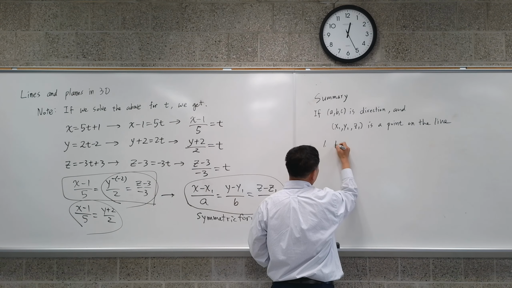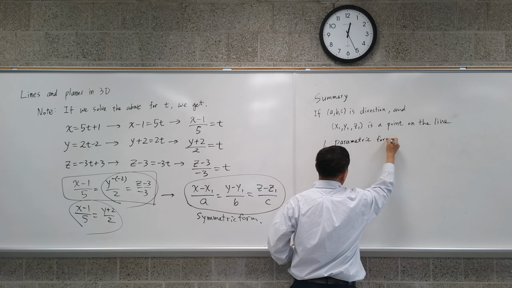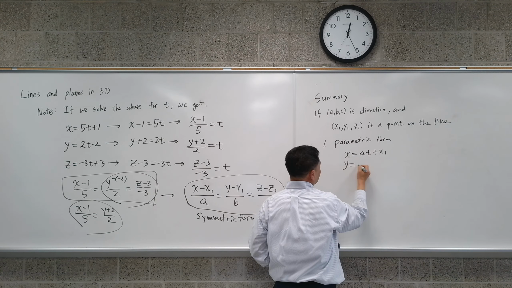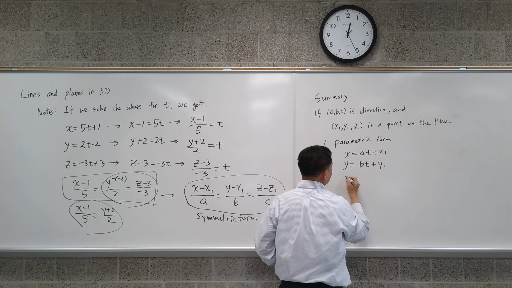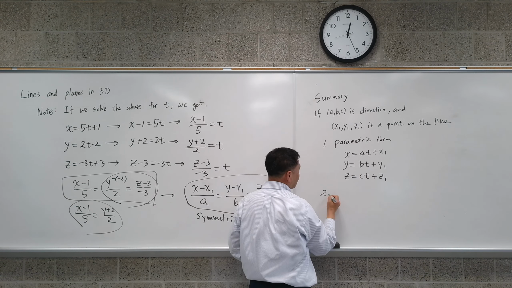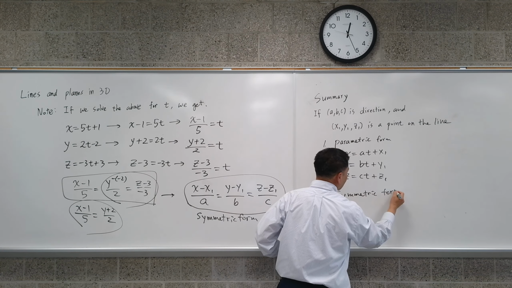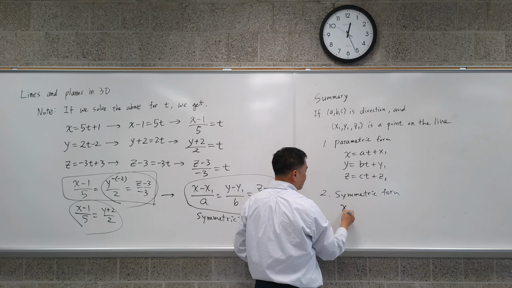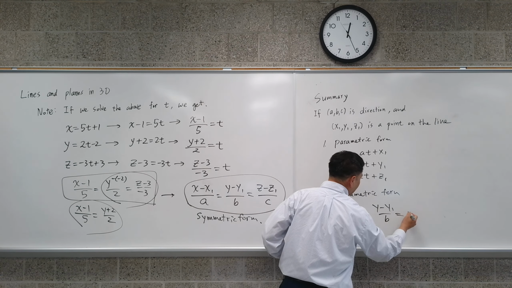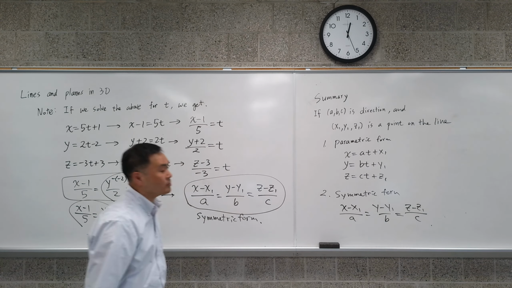Number one, there's the parametric form, which is x equals at plus x1, y equals bt plus y1, z equals ct plus z1. And secondly, there's a symmetric form, which is (x minus x1) over a equals (y minus y1) over b equals (z minus z1) over c. Okay?